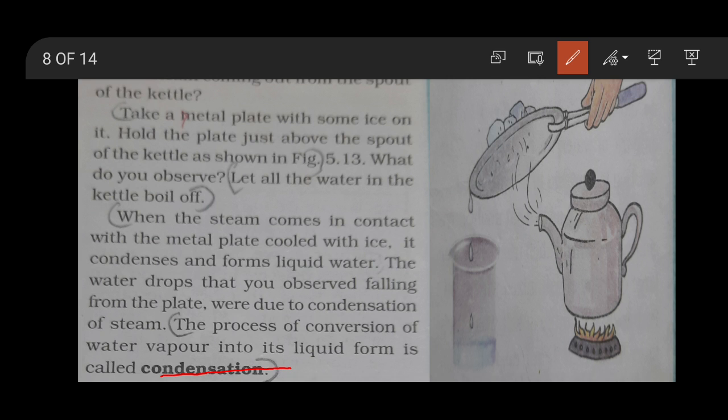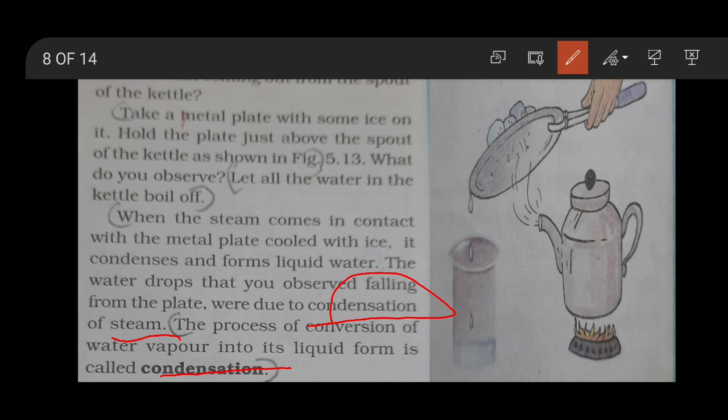What do you observe? Let all the water in the kettle boil off. When the steam comes in contact with the metal plate cooled with ice, it condenses and forms liquid water. The water drops that you observed falling from the plate were due to condensation of steam.